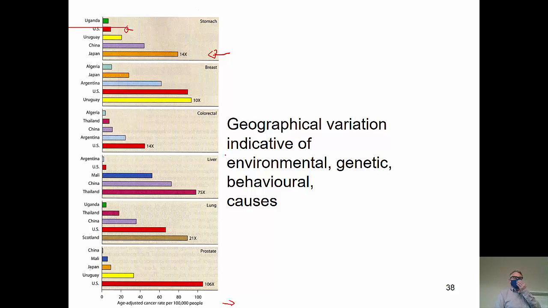Whereas breast cancer or colorectal cancer, the rates are much higher in the US than we would see in Japan. And so what this tells us is that there is a geographical component to cancer.